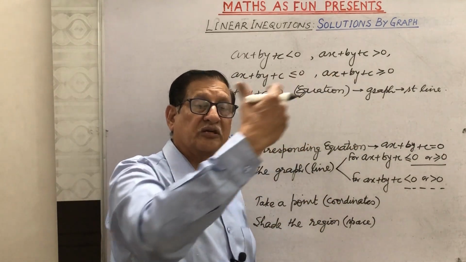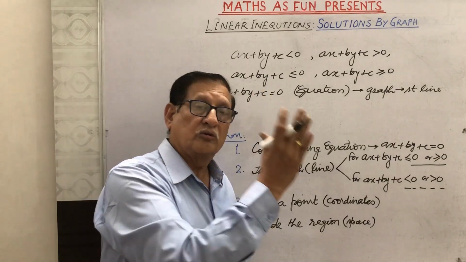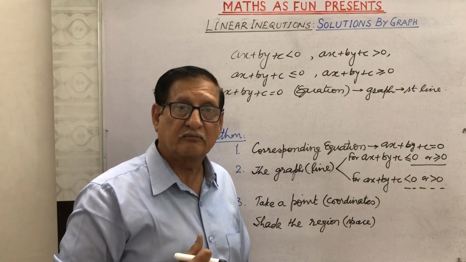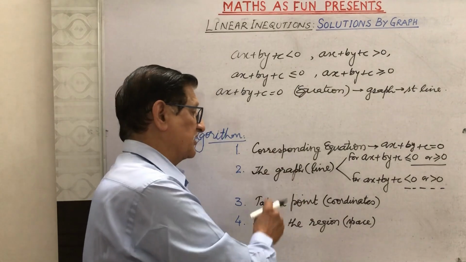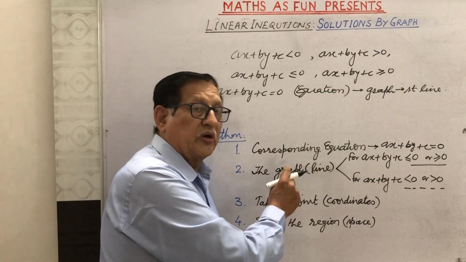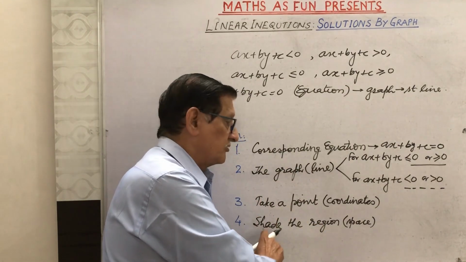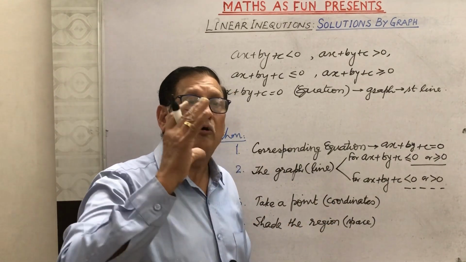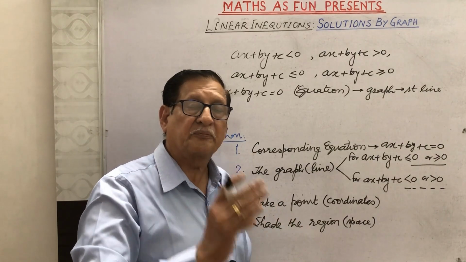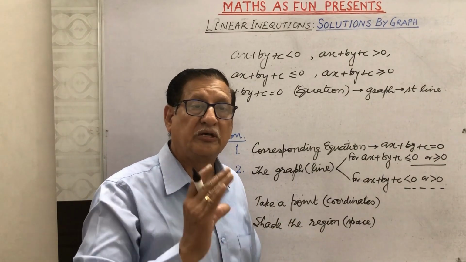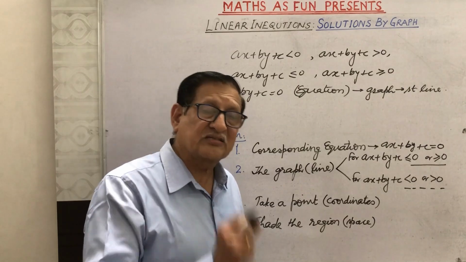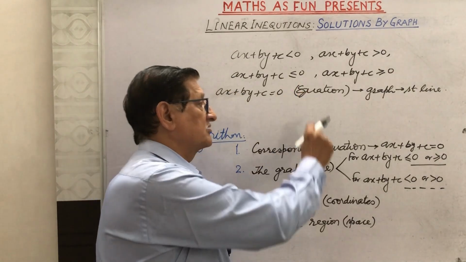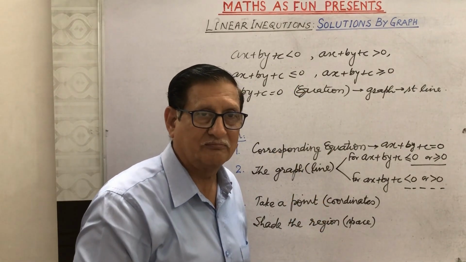It may be on the upper side, lower side, right side or left side of the line. In whichever space that point is lying, we will shade that space, and that shaded region will have all the points representing the solution of that linear inequality. We will discuss some examples now to understand this algorithm.